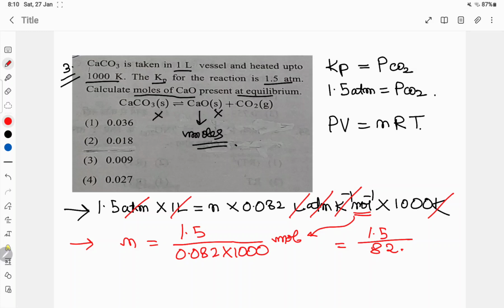After calculation, I get 0.018 moles. So the correct answer is 2.